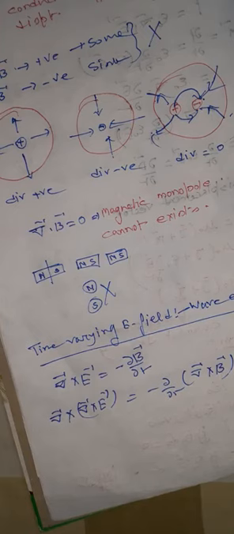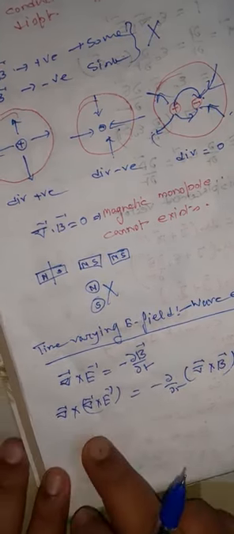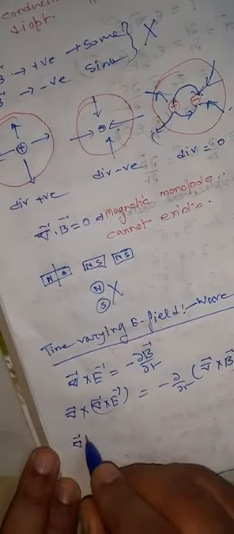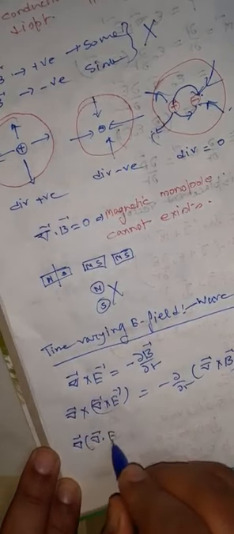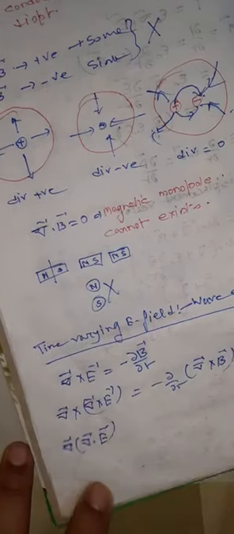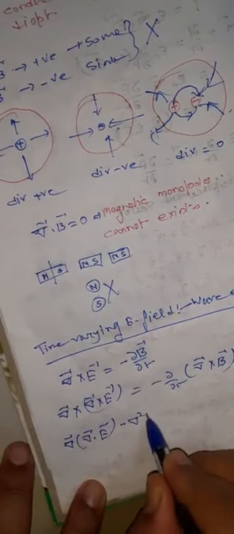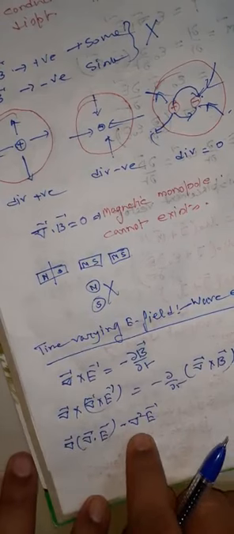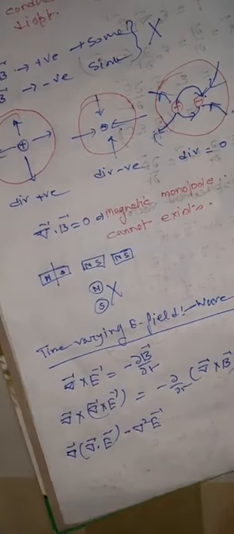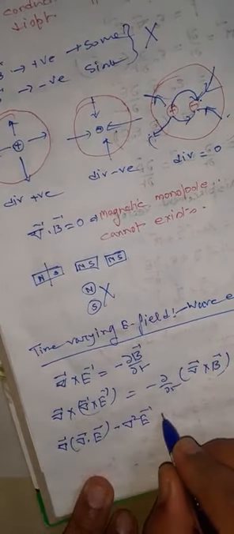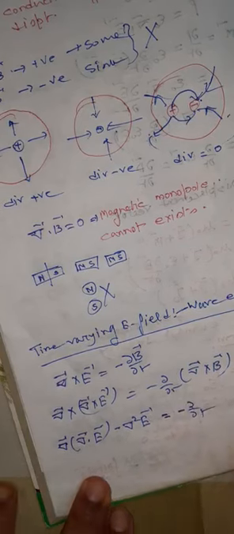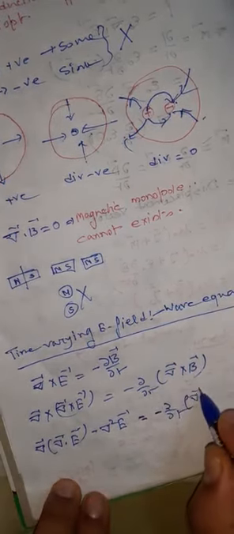We can use one of those identities for curl of curl of E, which is written like this: gradient of divergence of E, remember this is gradient, so I have not put a dot because this is a scalar, minus grad square E. This grad square is an operator called the Laplacian operator, and it is equal to minus del T of curl of B.